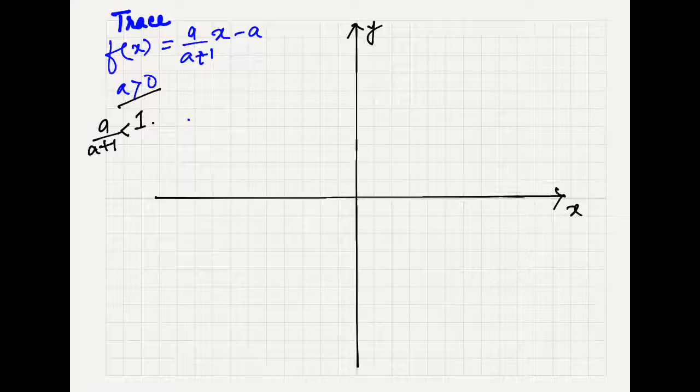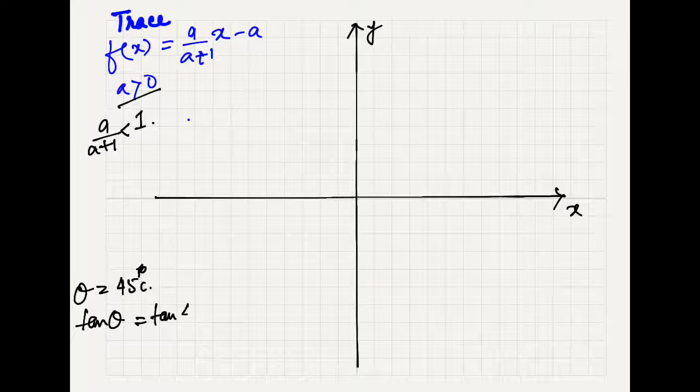Hence, this is a proper fraction. Why am I considering this? Because I know that if theta equals 45 degrees, then my gradient, which is the tangent of theta of that line, is tan 45 degrees equals 1.